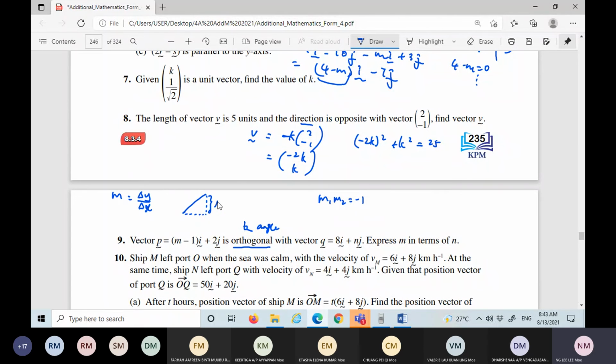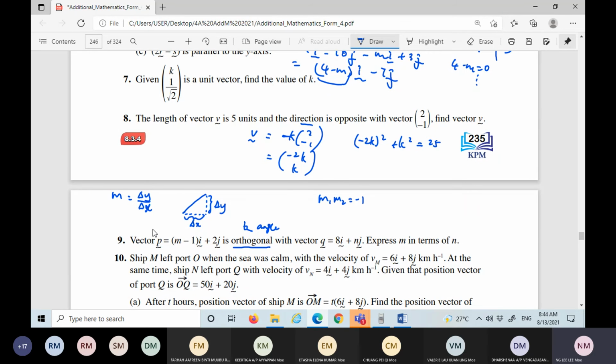So this one will be the del y, then this one will be the del x, the distance in the y direction and the distance in the x direction. So the i and the j mean the same thing as the del y and the del x.